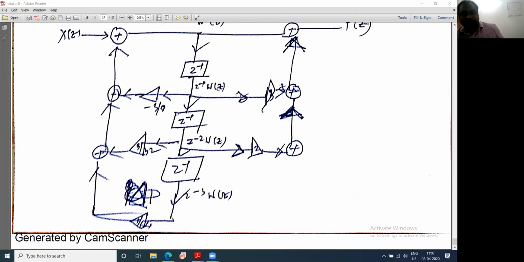Now z inverse W(z) multiplied by 3 is coming here and adding here. Then again z power minus 1 there, so this will be z power minus 2 W(z), multiplied by 2 and getting added here. Both the terms are getting added here.